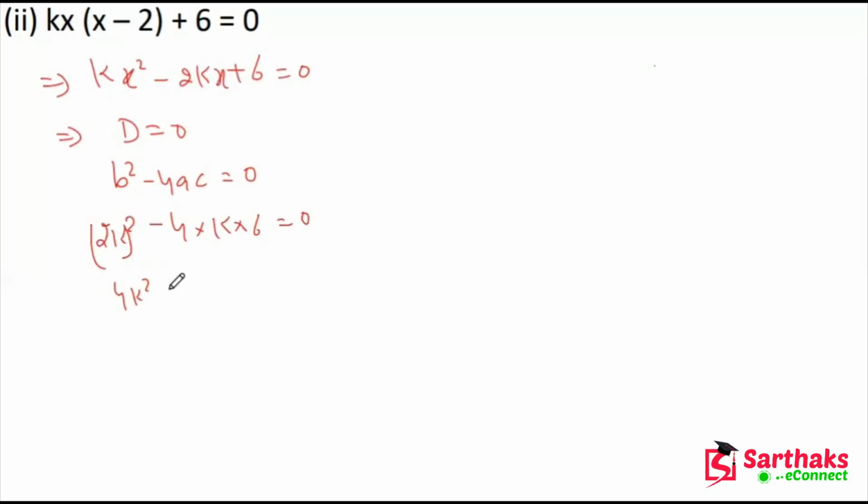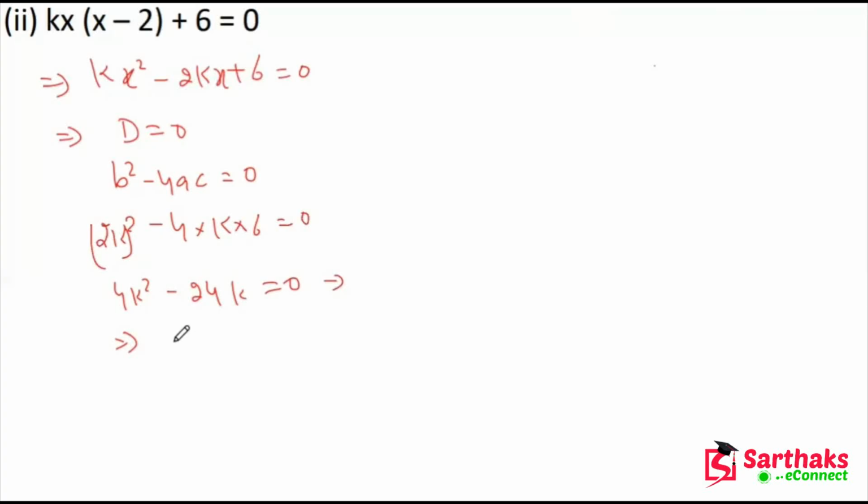4k square minus 24k equals 0. This is again a quadratic equation.